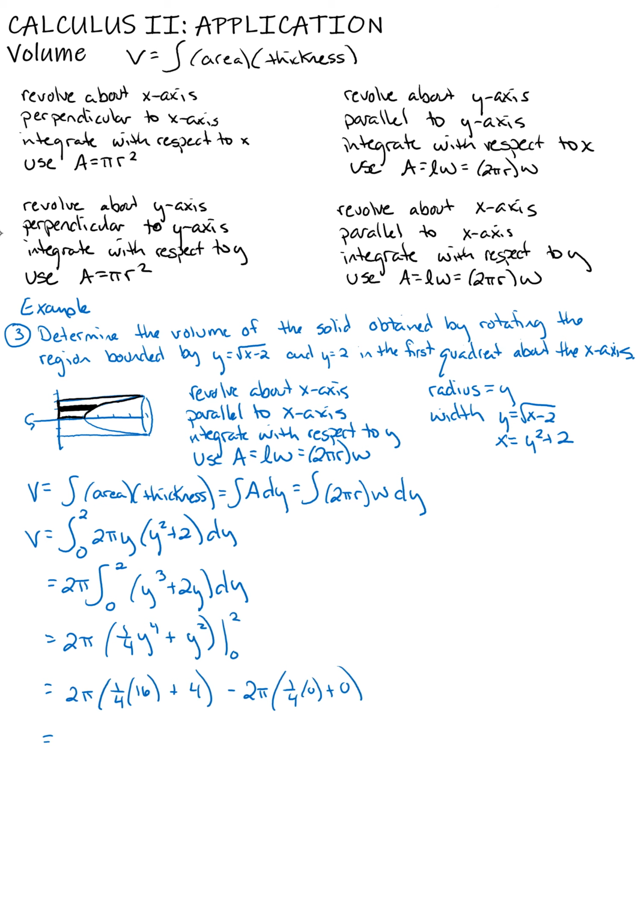Do some arithmetic there, and we end up with just 16 pi. There you go. Remember, this is a volume. If it had units, those units would be cubed, but we don't have any units in this situation, so that's all we need. Enjoy!